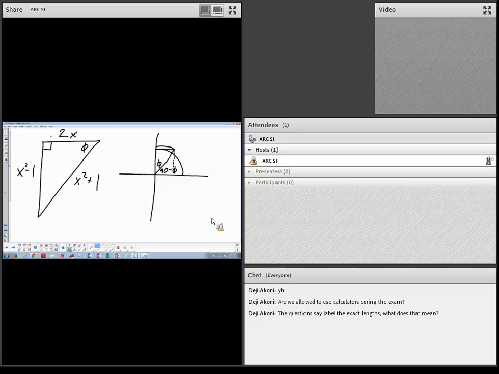You have this triangle here. Does it look familiar? It's flipped around a weird direction, but otherwise it's the same. You have a right angle, you have phi, and you have x squared minus 1.